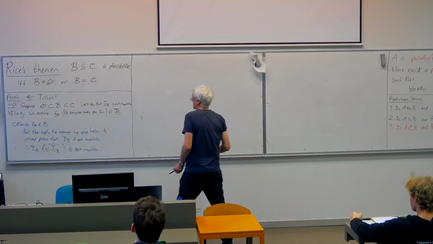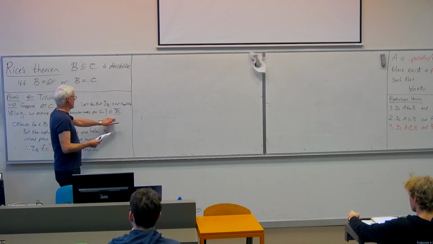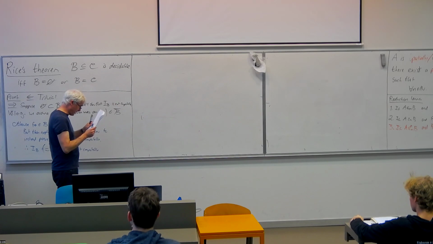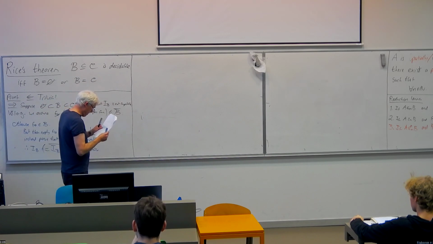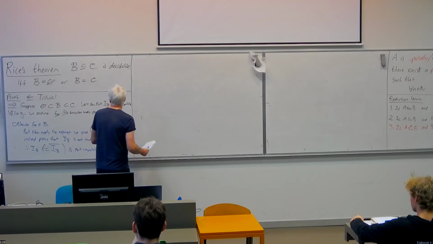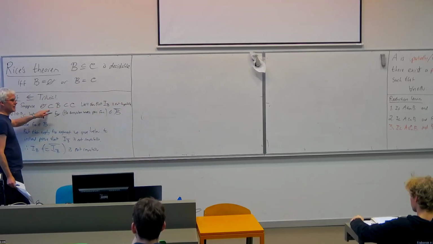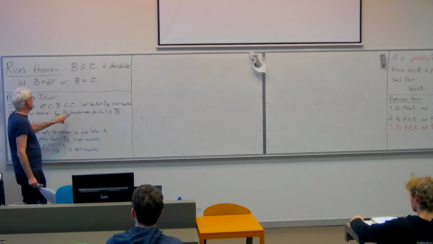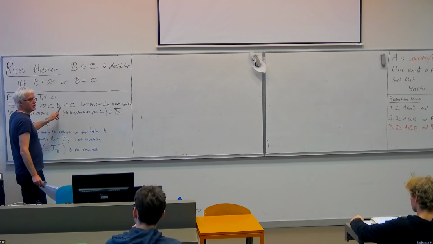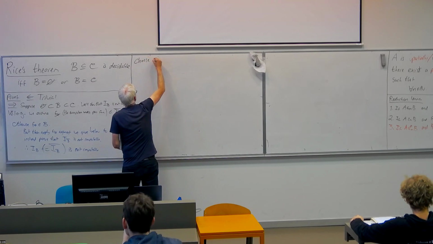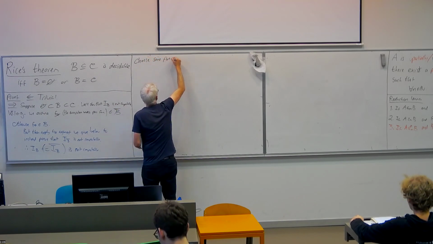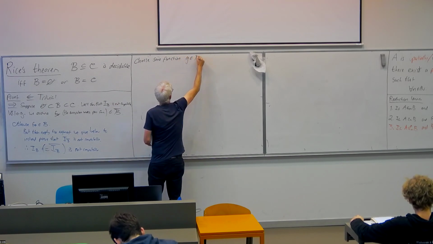So the black part, we've assumed that F of the everywhere undefined function, F of the empty set, belongs to the complement of B. Now B is a non-empty set, so we can choose some function G belonging to B.